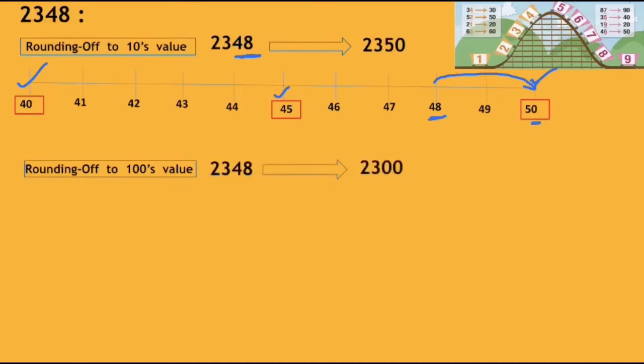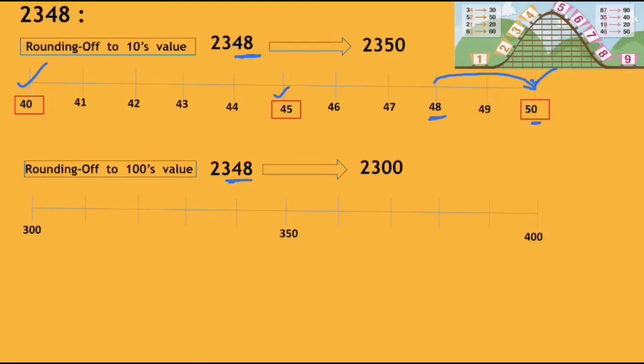In this example, we are rounding 2348 to the nearest hundreds value. Right? 2348 on the number line. Here we have to take a 100 range.